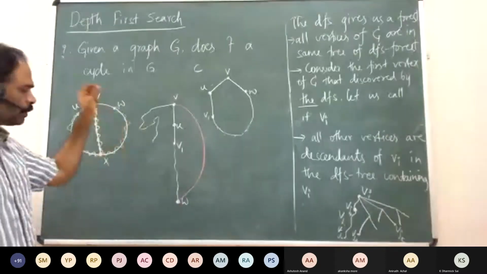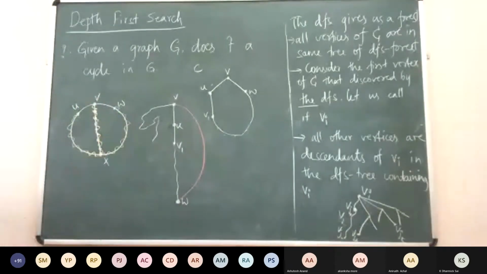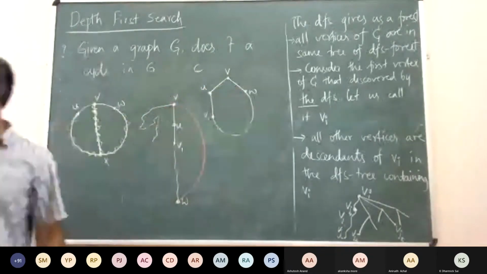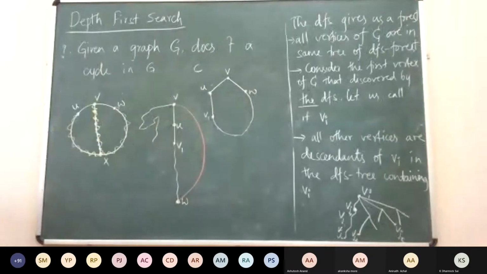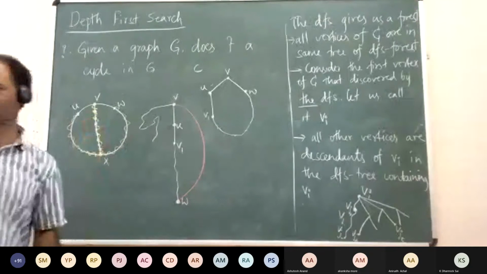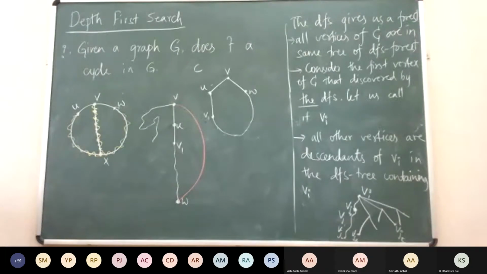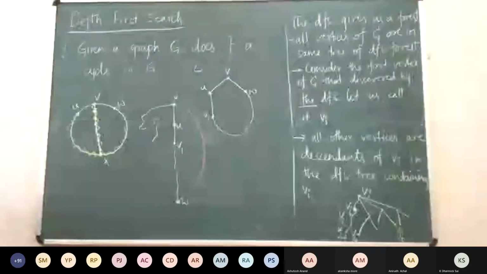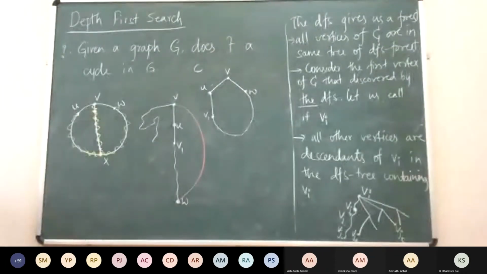But if you want to prove that some particular edge is not present, I think you can prove that one of the edges incident on V is a non-tree edge. To do that, you need to tweak it a bit more, and you will still be able to prove that. I will leave that to you as an exercise. I think you should be able to tweak this statement and do it.